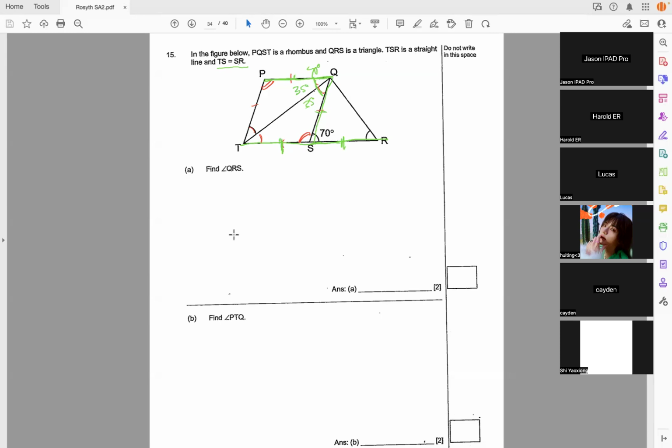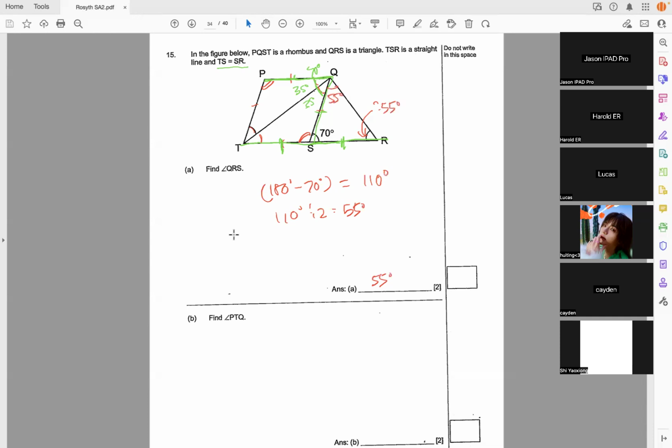Let's do it now. Okay, angle QRS, which is this angle, which is the bottom of an isosceles triangle. 180 minus 70, you get 110. Then 110 divided by 2, you get 55. So this is 55. This will also be 55.